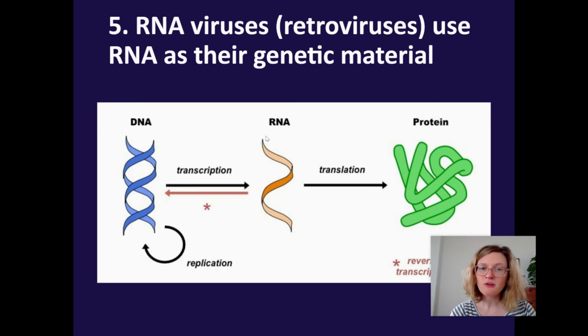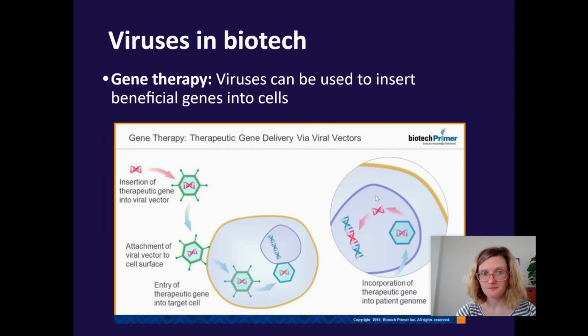But in a retrovirus, the RNA is read backwards by a really important enzyme called reverse transcriptase because it does the reverse of transcription. And that reverse transcriptase will take RNA and make a DNA molecule using the RNA as a template. And then that DNA can be transcribed and translated into proteins via the normal methods.